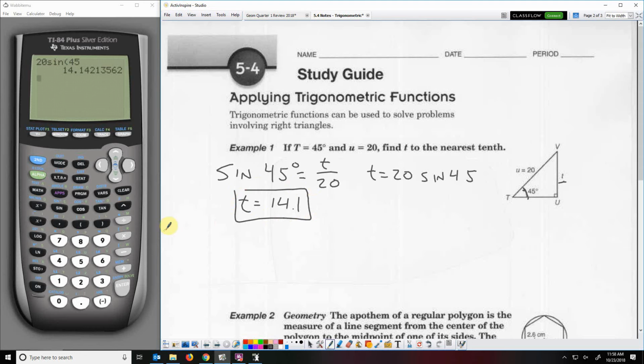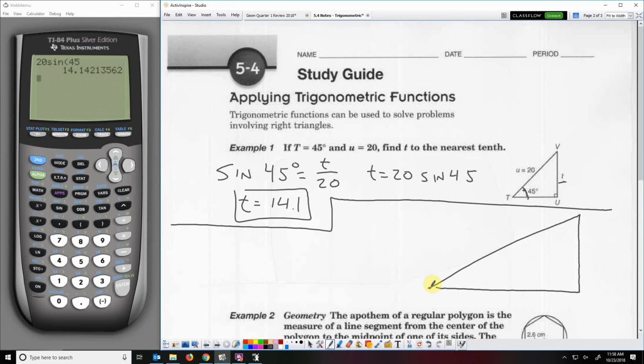I'm going to add a problem here between examples 1 and 2. Okay, so I'll make this 8. And this x, so that's what we're going to be looking for. And this angle right here, I'm going to have 45 degrees, 12 minutes, and 15 seconds.